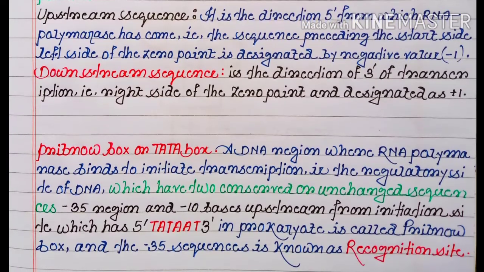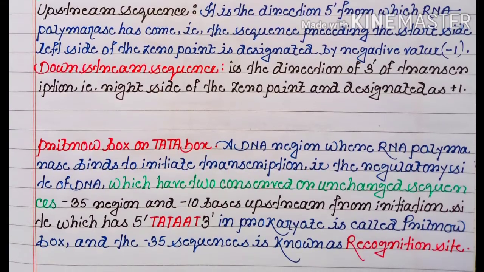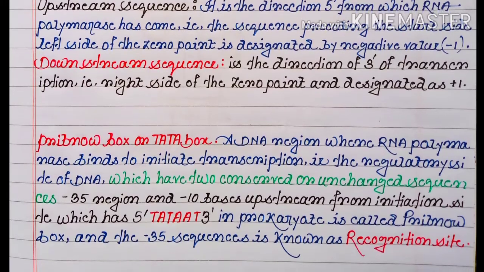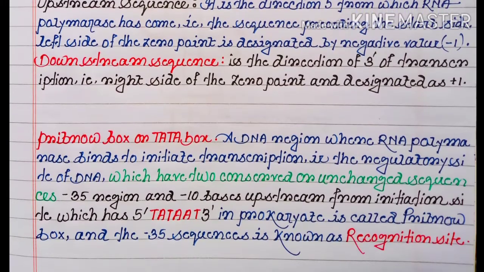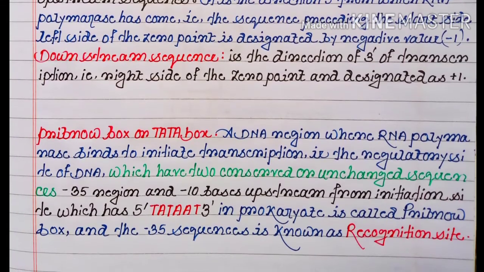The -10 sequence, 5' TATA 3' in prokaryotes, is called the Pribnow box, and the -35 sequence is known as the recognition site.